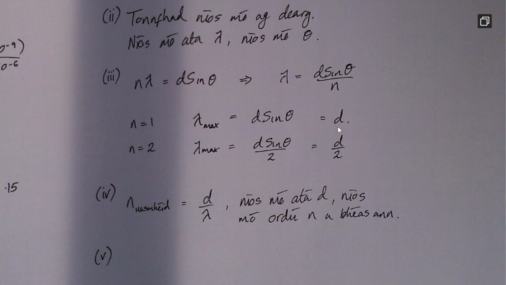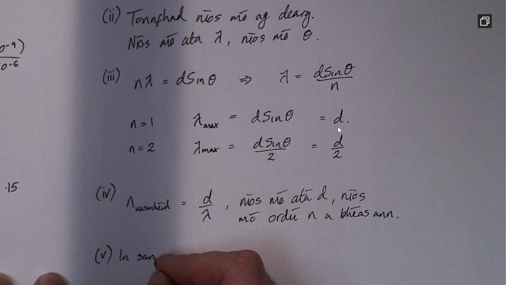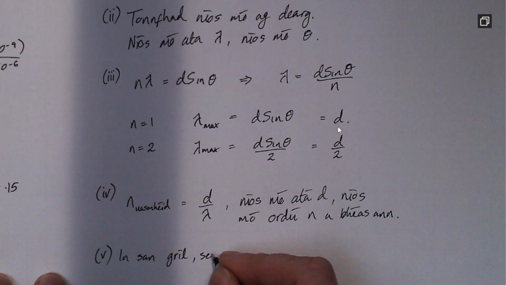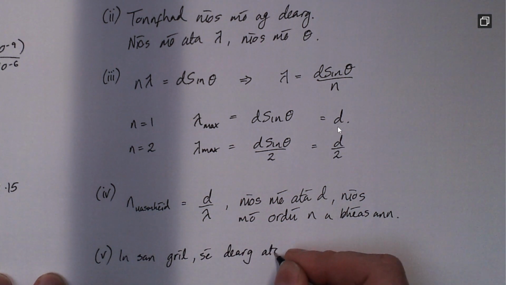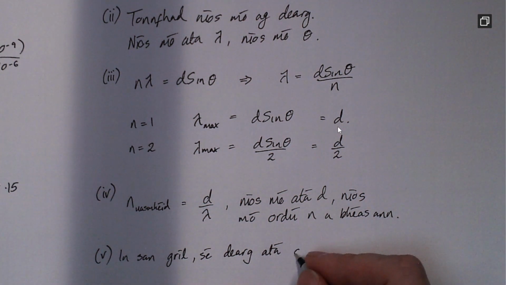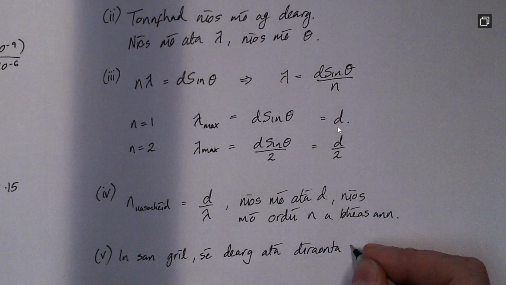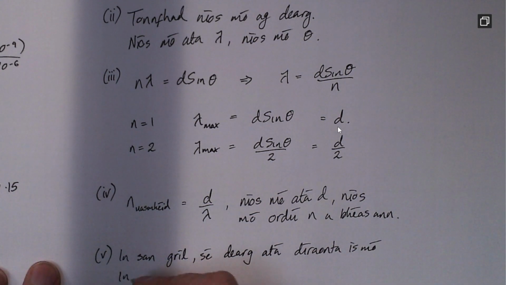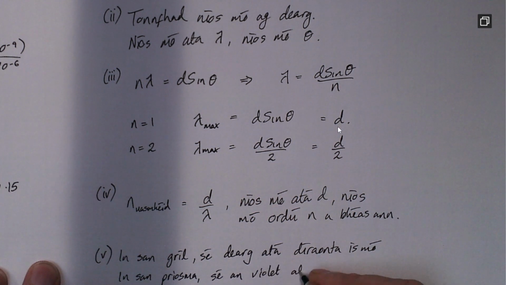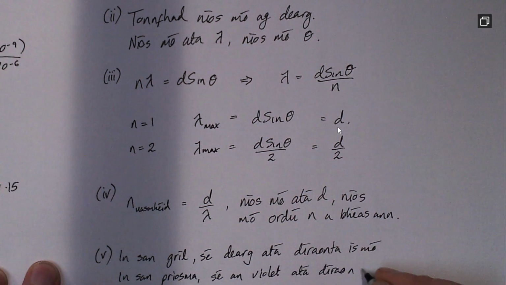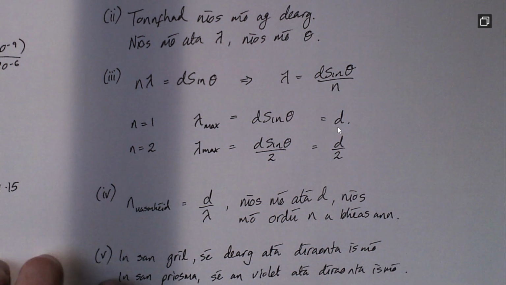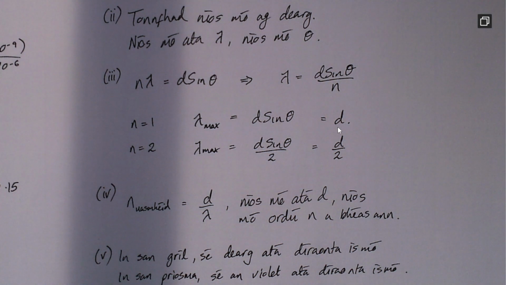With a prism, it's the complete opposite. In the grating, red is the most diffracted, while in the prism, violet is the most bent.